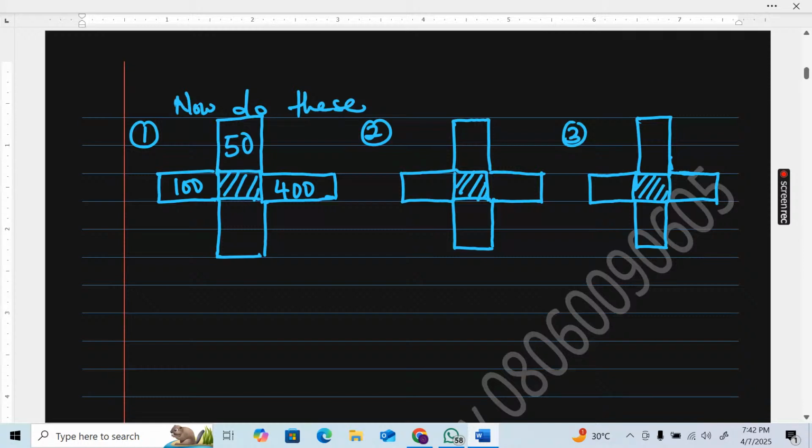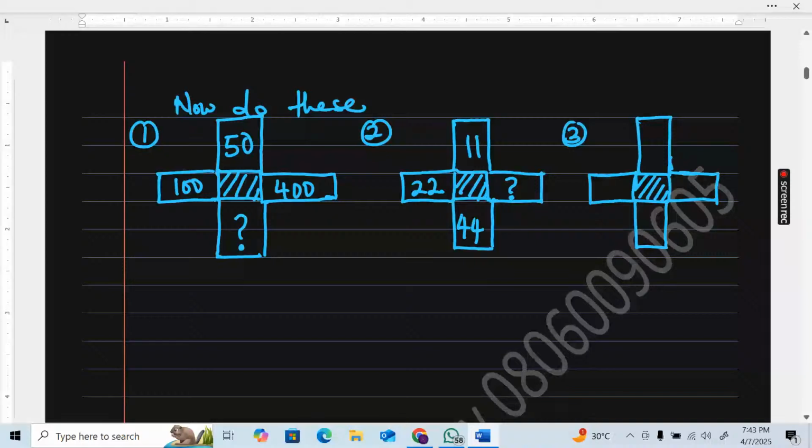And below, we don't know. A number is missing below. That is for the first one. Now, for the second one, I have 11 above, 44 below. I have 22 on the left, and to my right, I don't have anything. Something is missing. You have to figure it out.